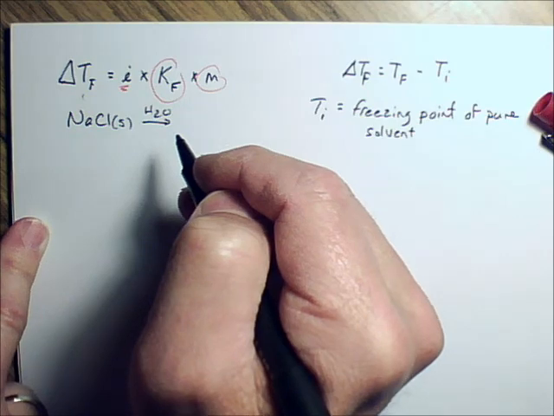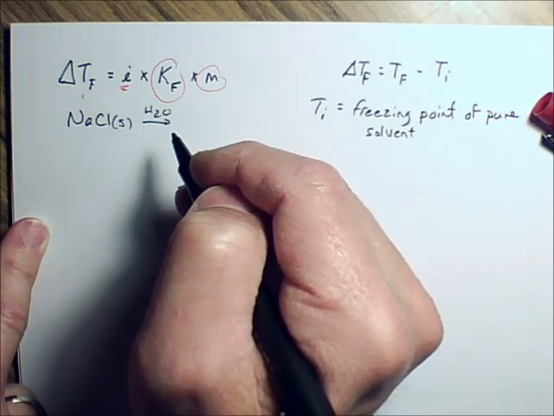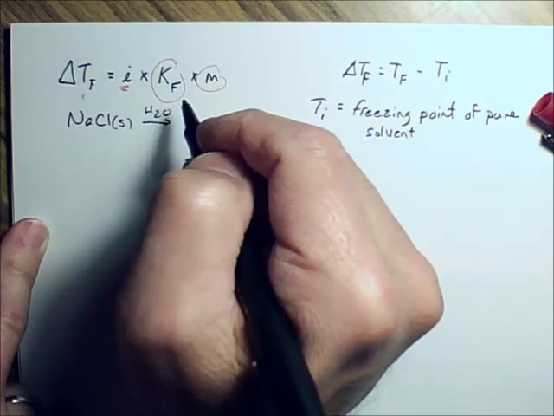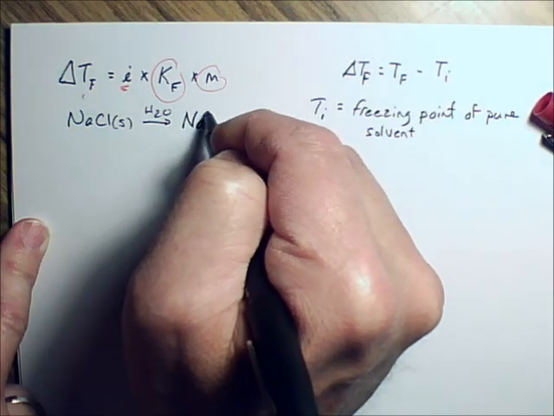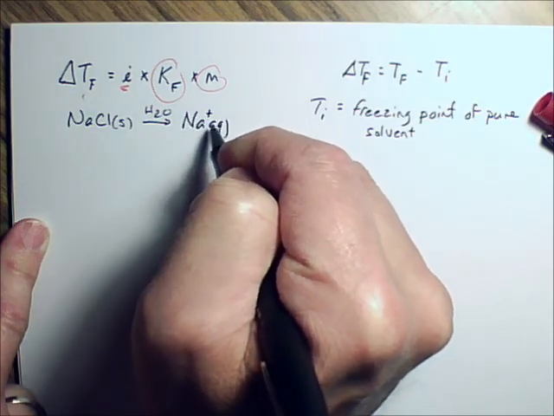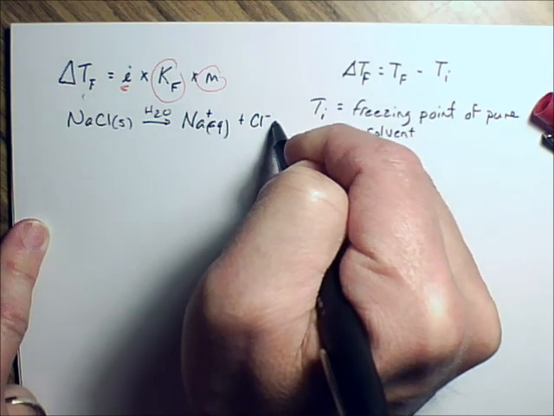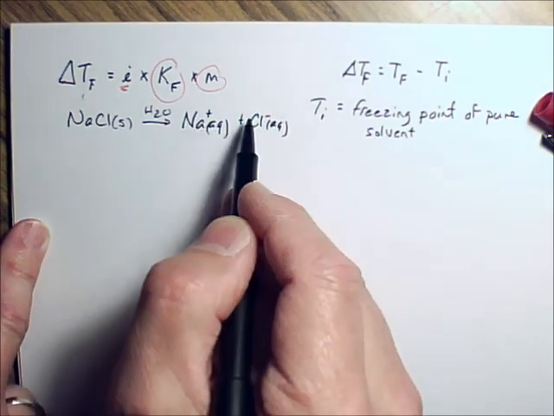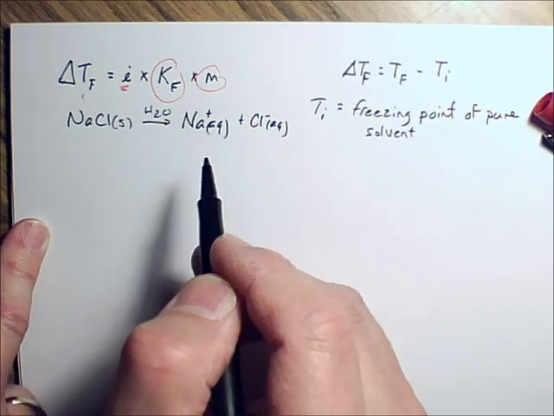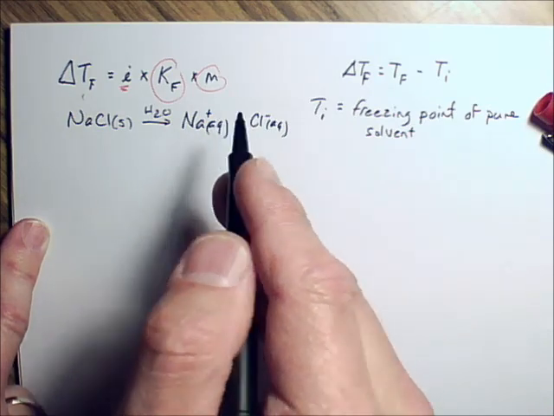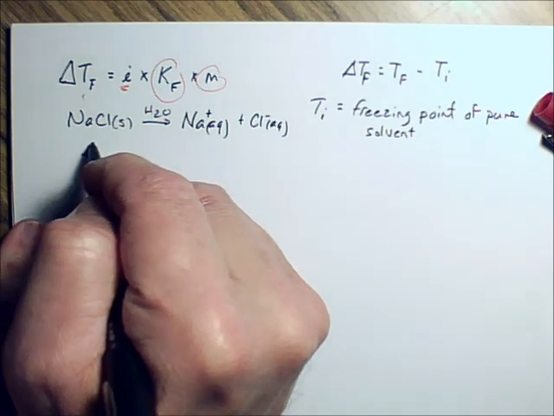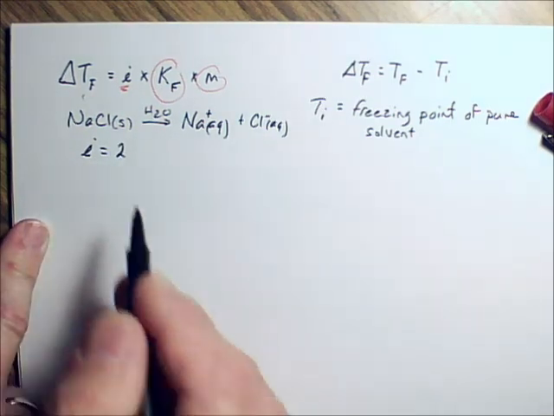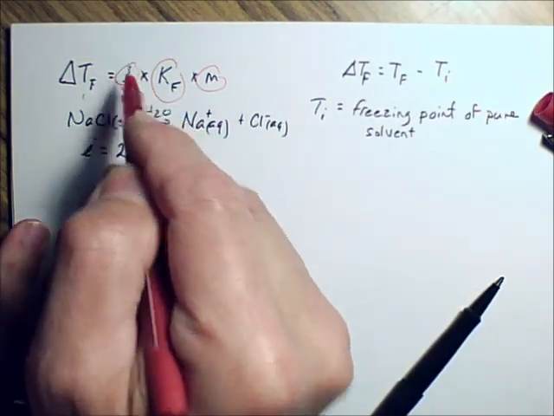And when an ionic compound dissolves, it breaks up into separate ions, and we get sodium ions and chloride ions. And so the number of particles we get from that breakup is 2. So I equals 2.